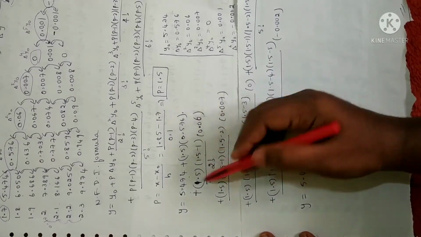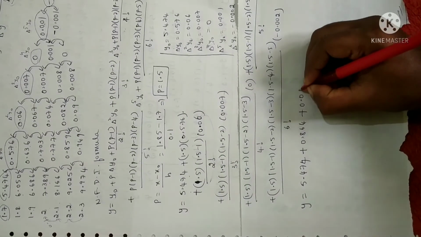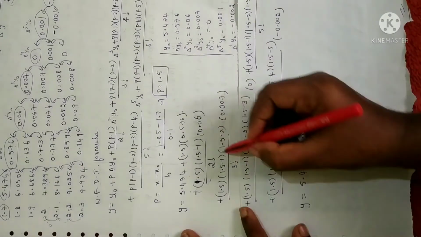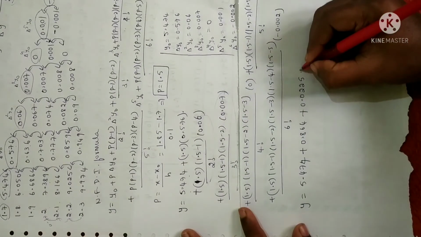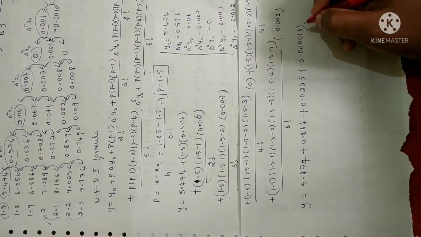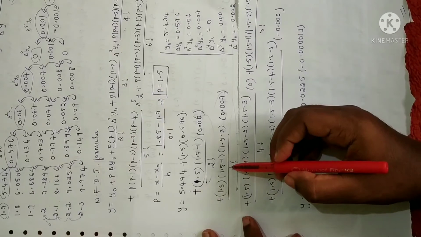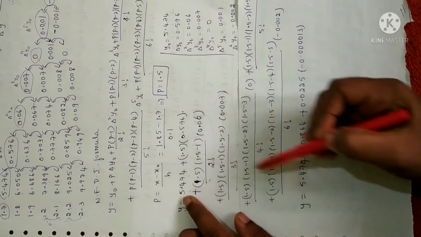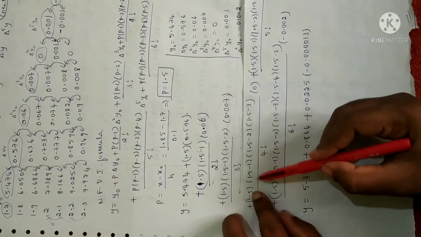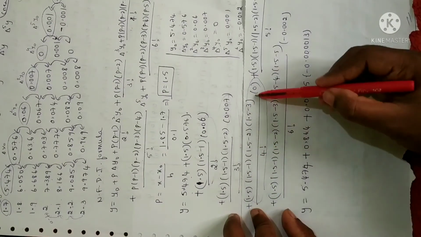When you multiply this using a calculator you will get 0.0225. If you want you can use a calculator. Next, when you simplify the third term you will get minus 0.12340 into 13. Fine. See here, the first term is finished, second, third and fourth terms are finished. Next, the fifth term: 0 into anything will be 0.